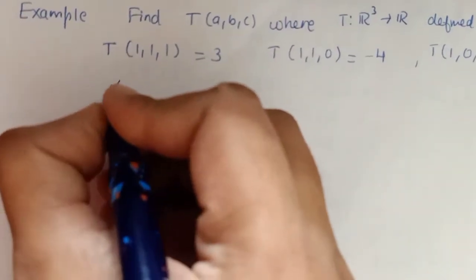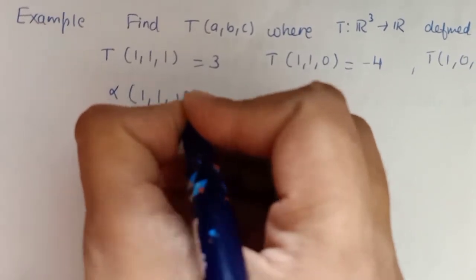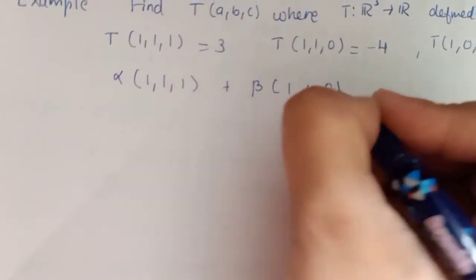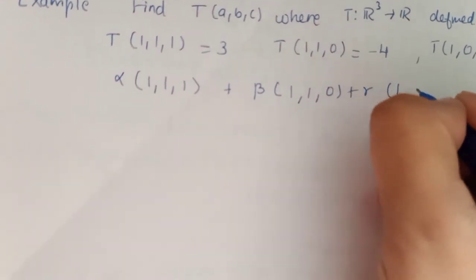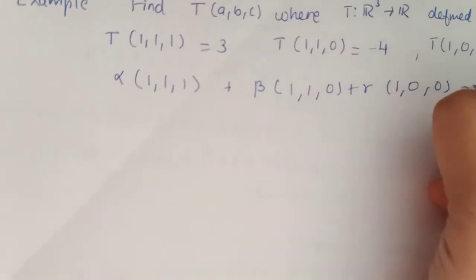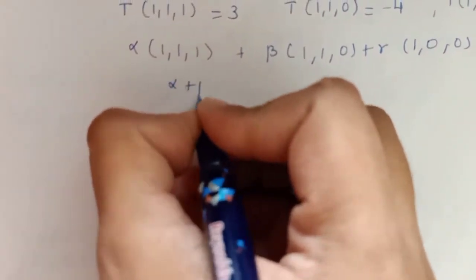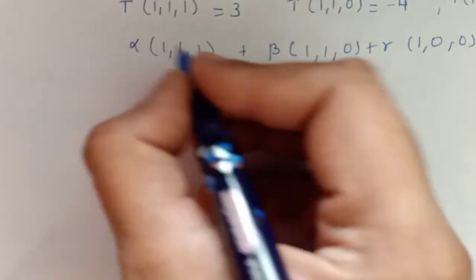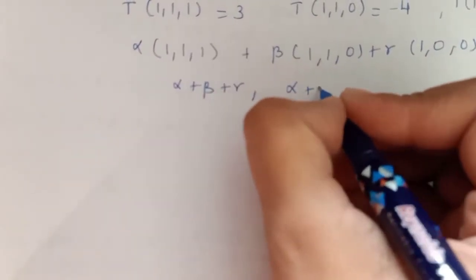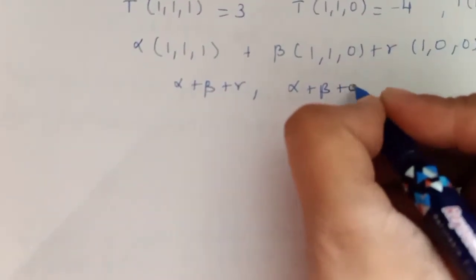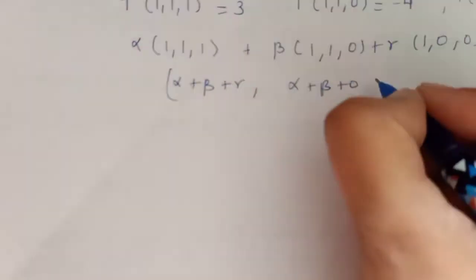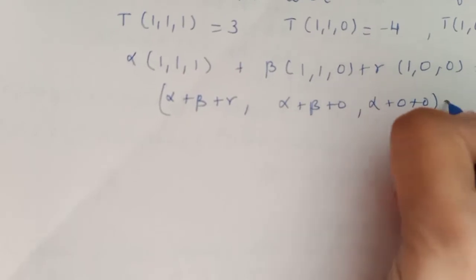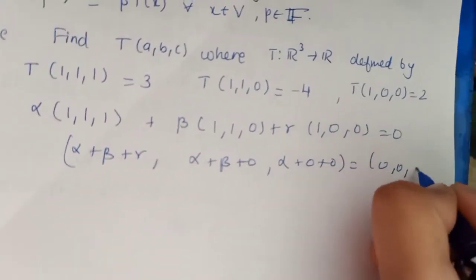So how do we check linear dependence? We write the elements in a linear combination where alpha, beta and gamma are elements from the field. So this will be alpha times the first element, beta times the second element, and gamma times the third element, is equal to, let me call it, (0,0,0).